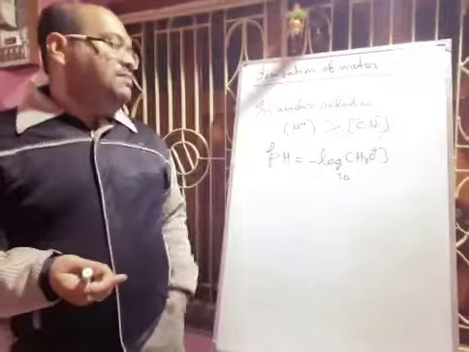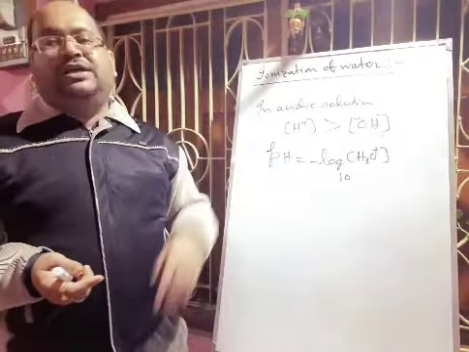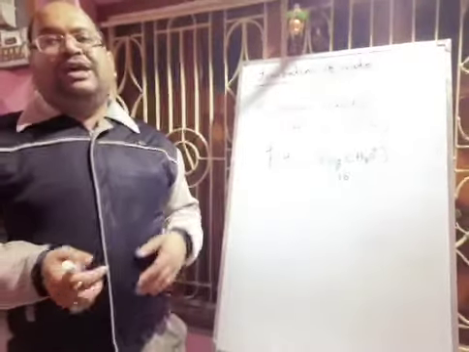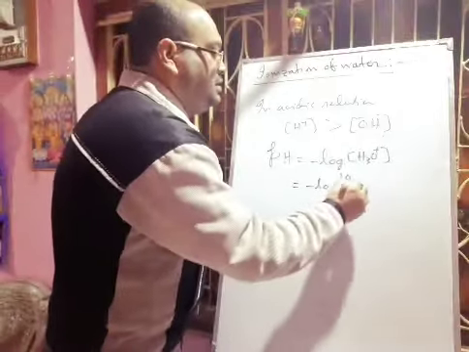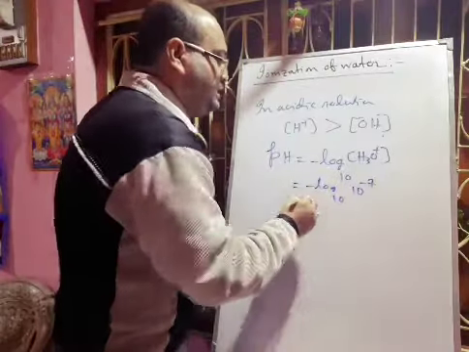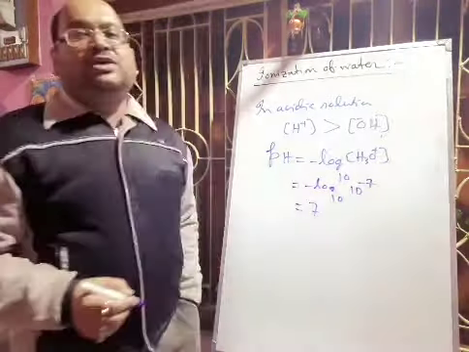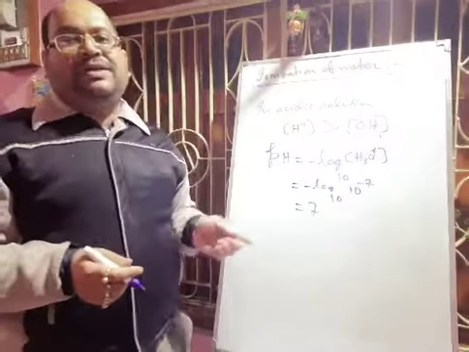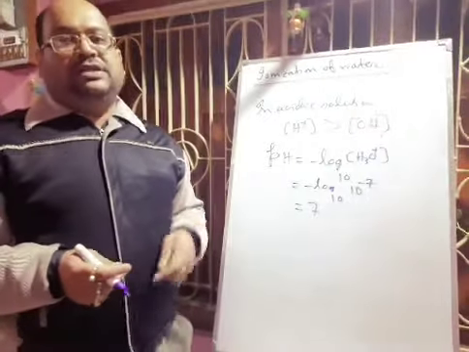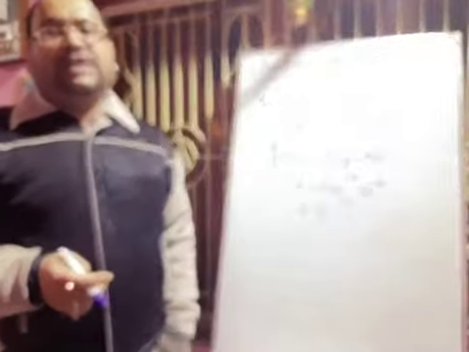So pH is minus log base 10 of H3O plus. If you put the concentration of H3O plus as 10 to the power minus 7, it comes as 7. So this is the neutral condition. When pH is 7, that is the neutral condition. Hope you can understand what I am telling.